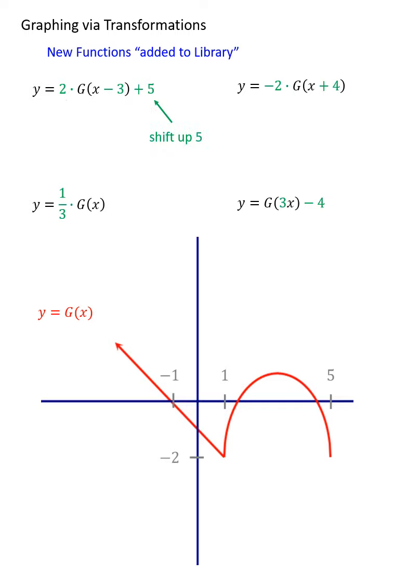And this would be an upward shift of 5. So what I'm trying to say is, if we added a new function to the library, called it any letter we wanted to, like g, we could then ask for modifications of g to be graphed, and you would use the same transformation rules you learned so far in these 2 videos. For example, this would be a shift left 4 because it's +4 being added to the input variable, or it's inside the function.